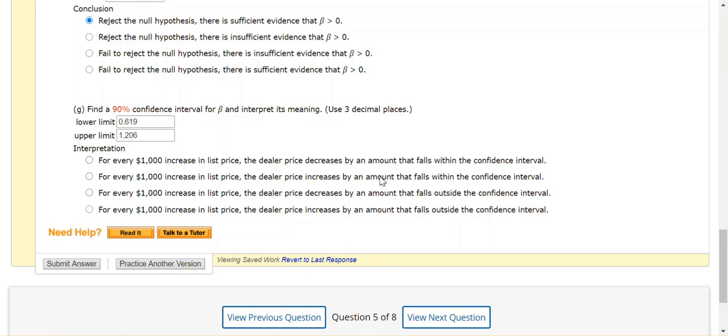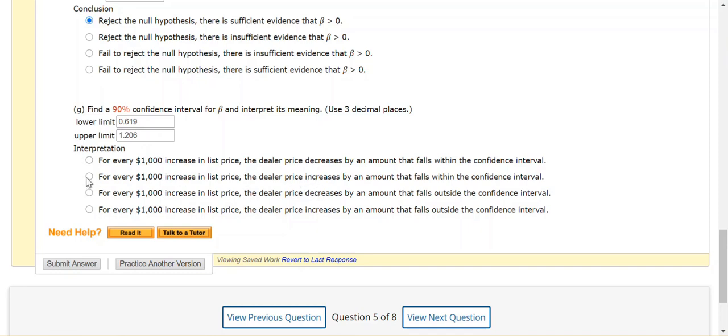or the price increases. So does the price increase or decrease? Well, the slope is positive, right? So for every 1,000 increase, the price has to increase because the slope of this line is positive. We're 90% confident that it is. So it's not decrease.